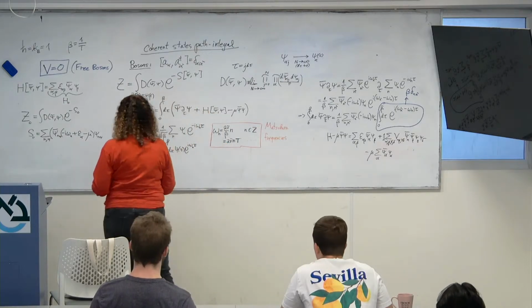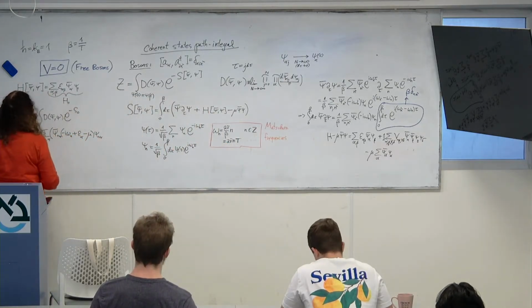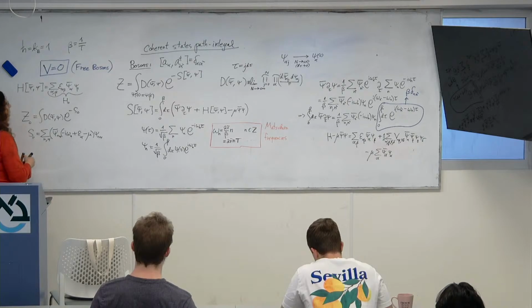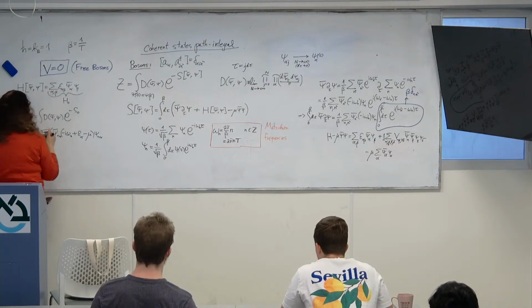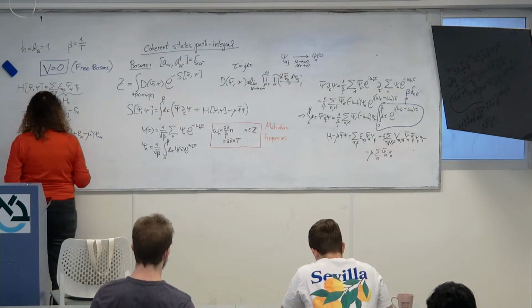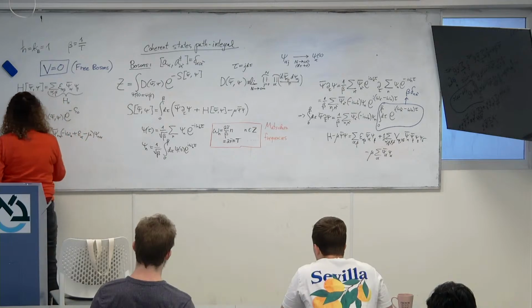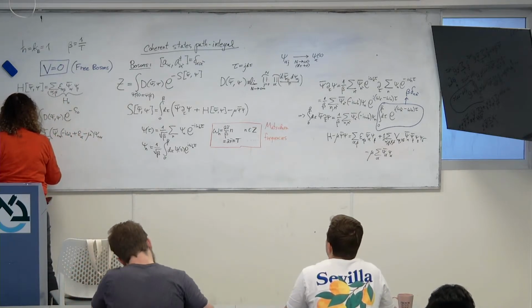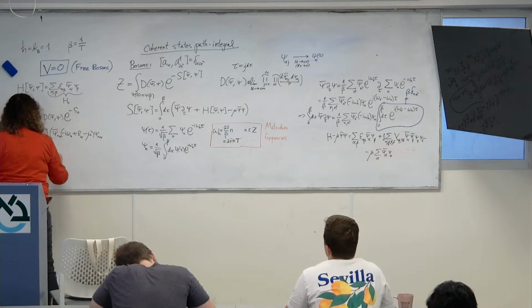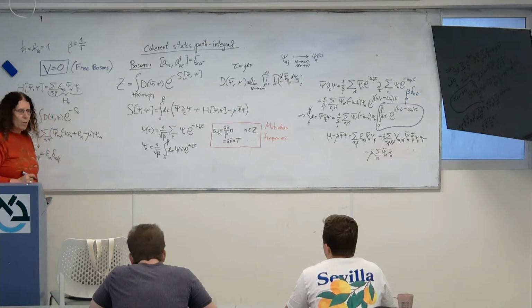And another simplification is because I have no interaction, I chose the basis so that this is diagonal, okay? So here I chose epsilon alpha beta to be in a diagonal basis, okay?